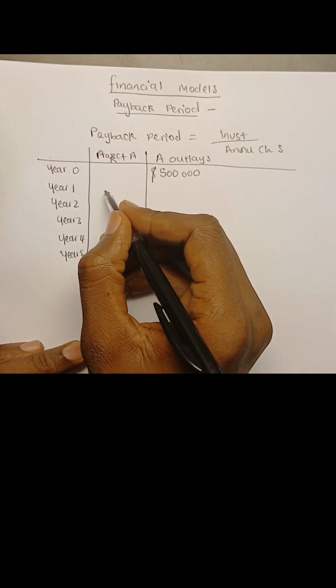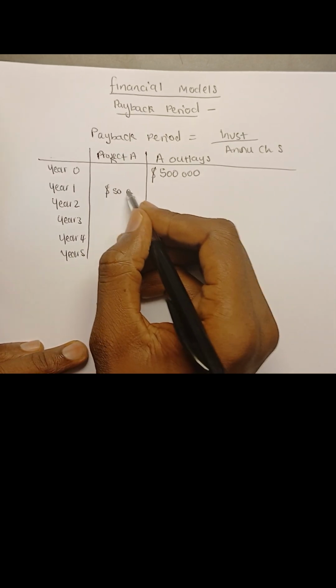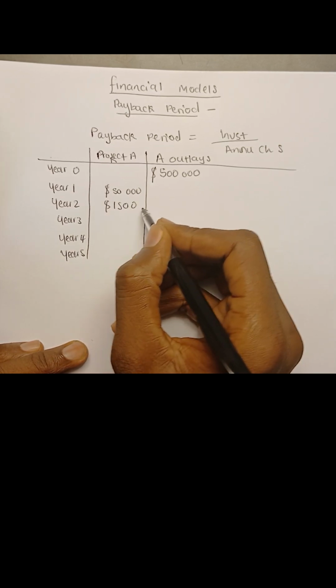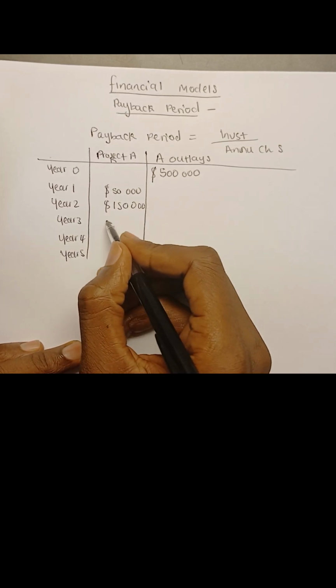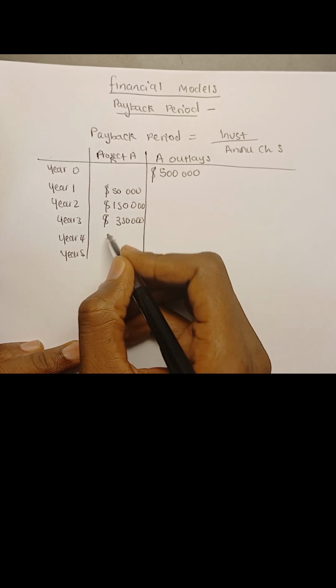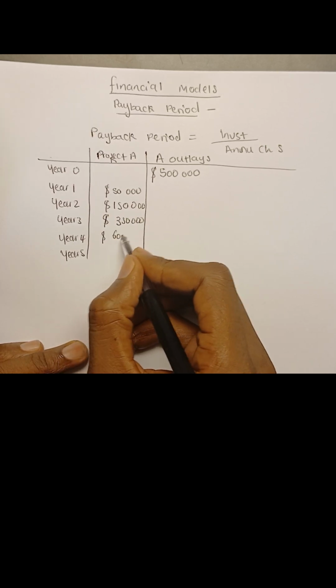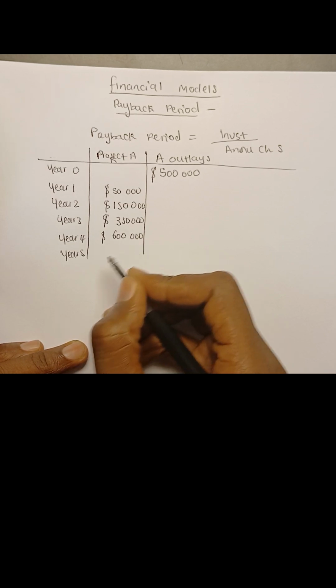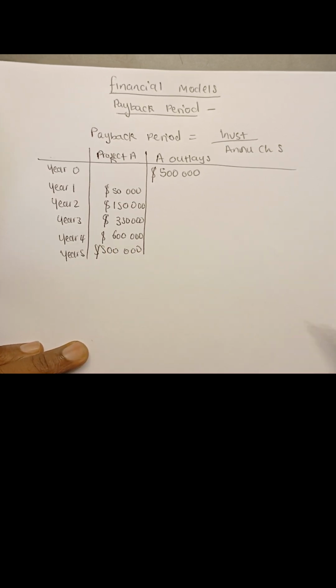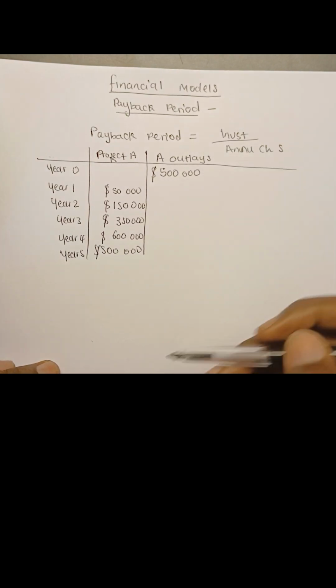Now, 50,000. I'm still creating the equation, then from there I'm going to tell you how we approach this kind of equation, right? This is our first project, right?